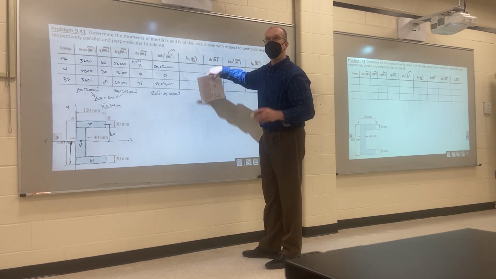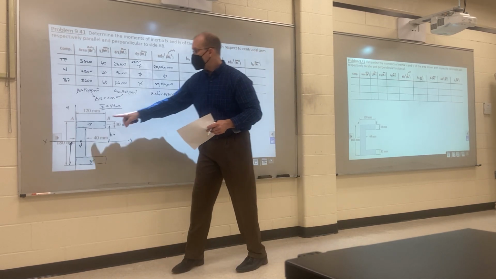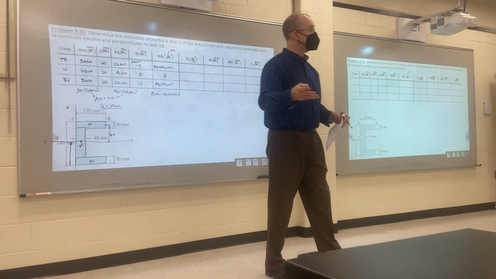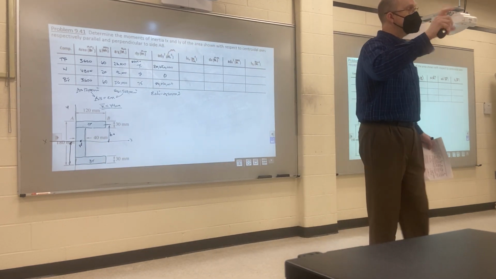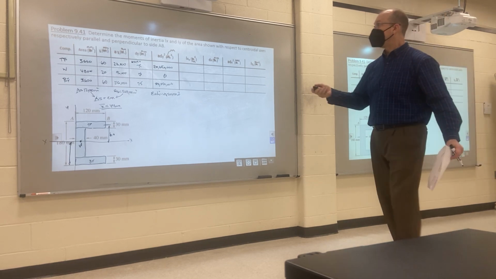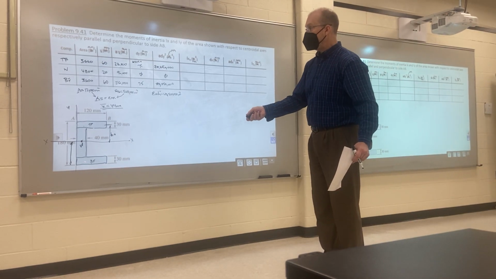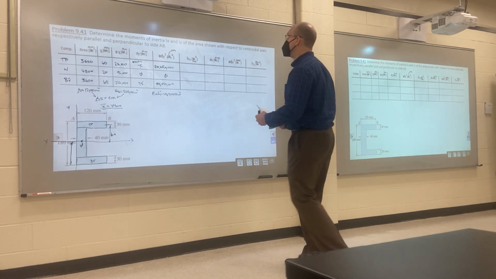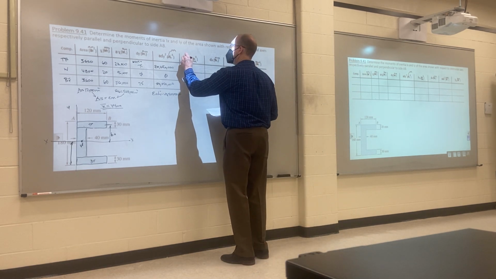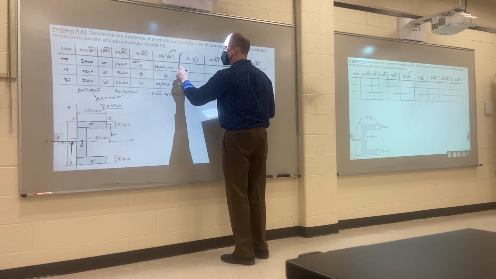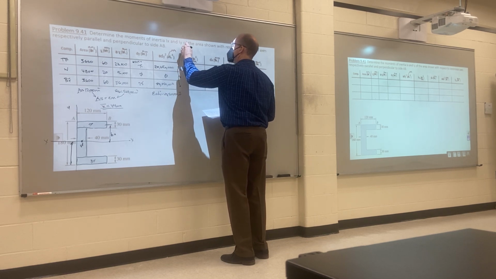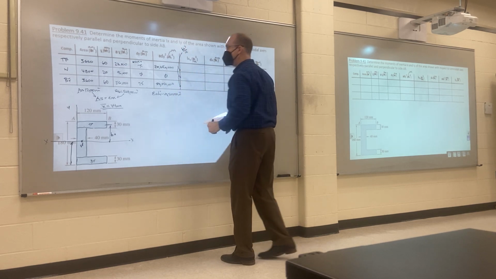Each piece on its own has its own moment of inertia with respect to x and y, like we talked about with the roof, with the floor joists and stuff. So I look at the pieces, how I broke them, and I broke them into rectangles with known centroidal locations. So the formula for each one of these is bh cubed over 12 in this particular problem.